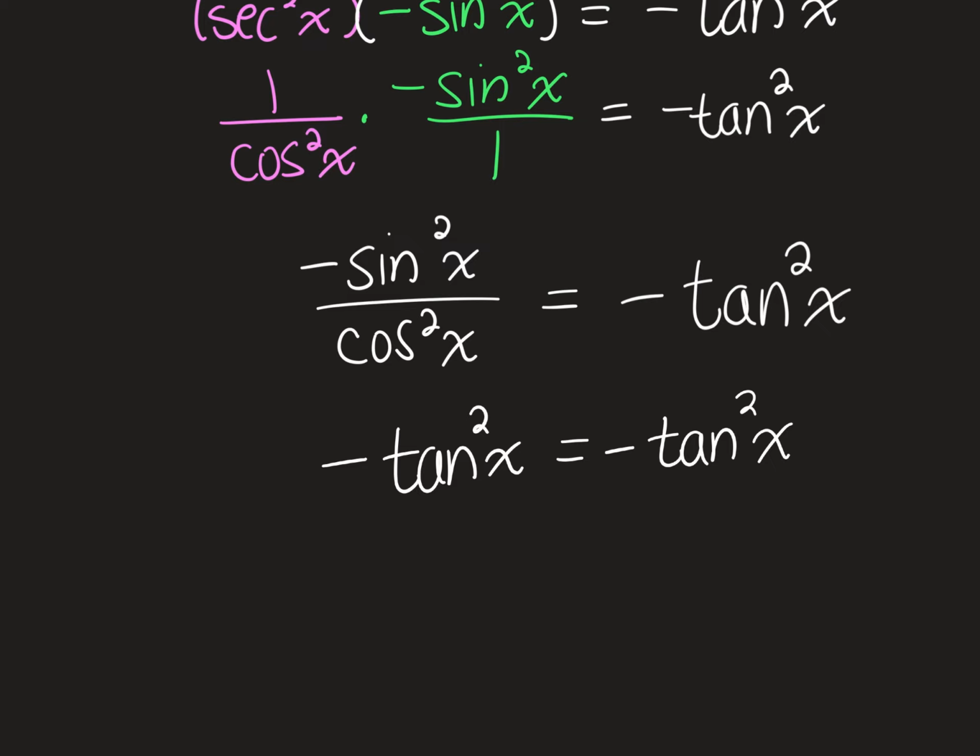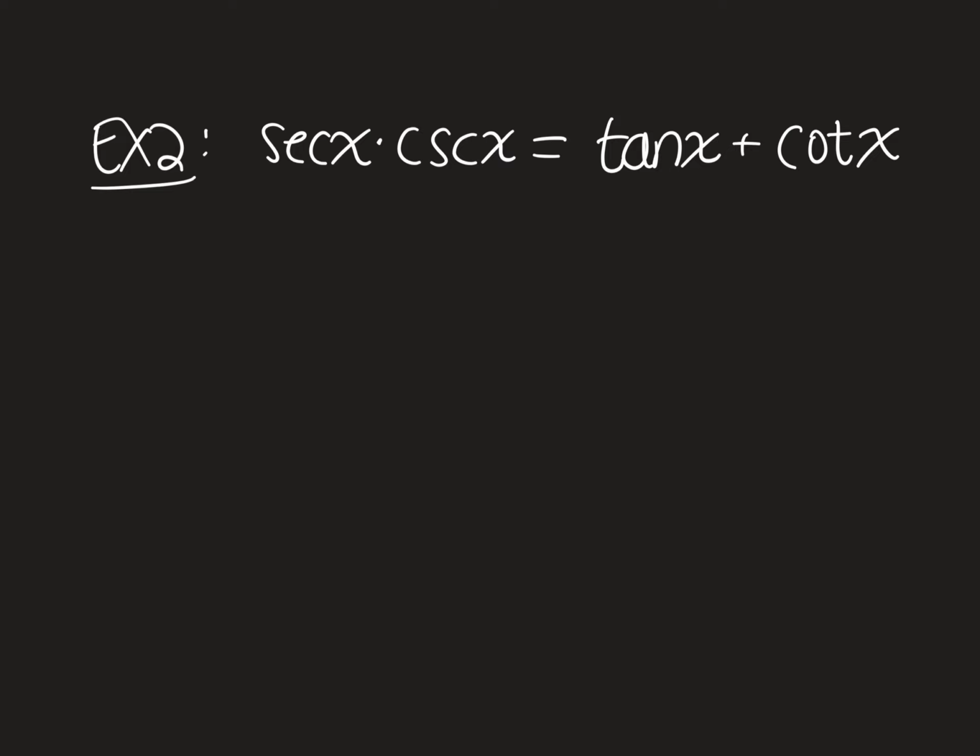So let's talk about how we could decide in this situation. Because I see 2 trig functions on the left, 2 trig functions on the right. The ones on the left are being multiplied together, right? So we would say that's one term because they're multiplied together. But the ones on the right, that's 2 terms. So it might be easier for us to try to add 2 terms together versus trying to make one term into 2 terms.